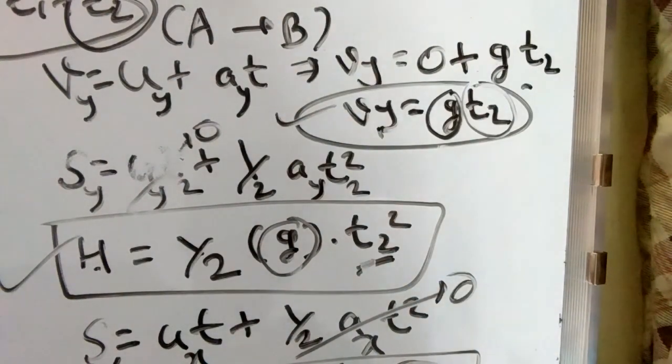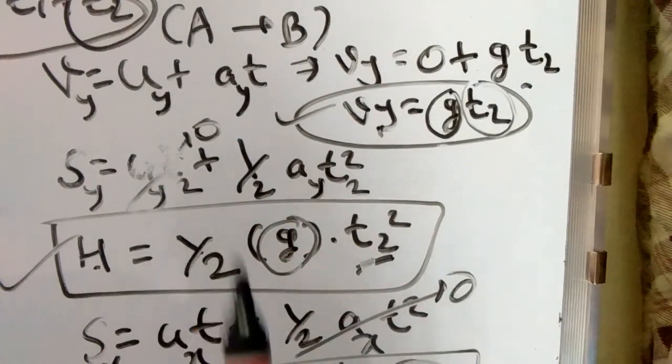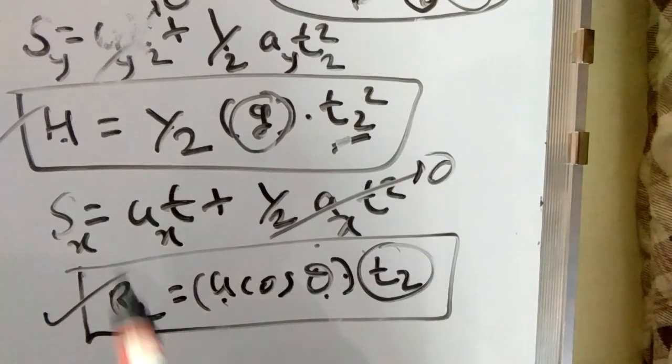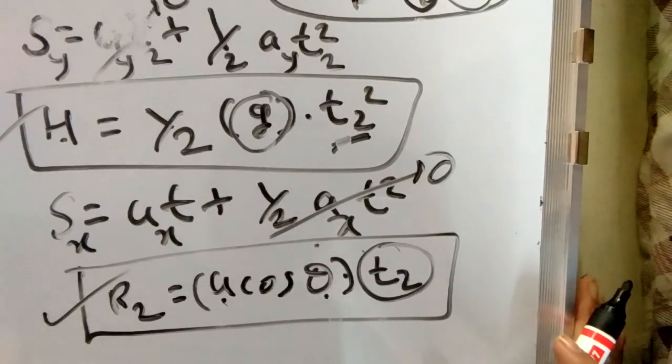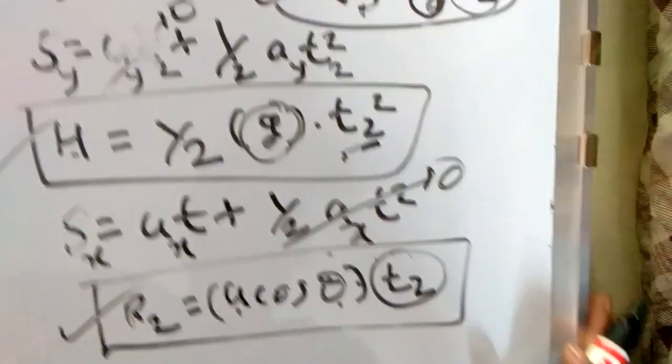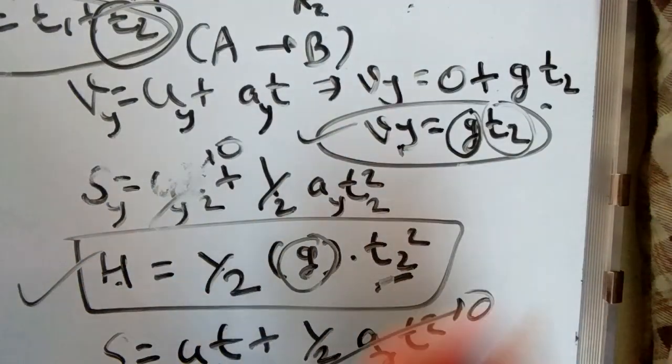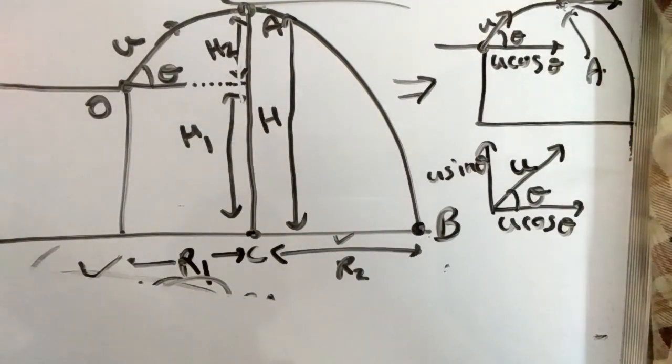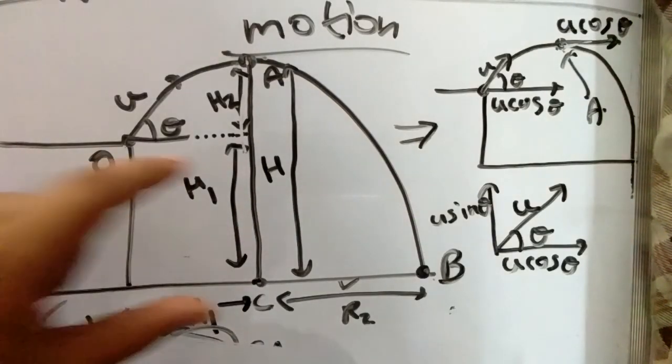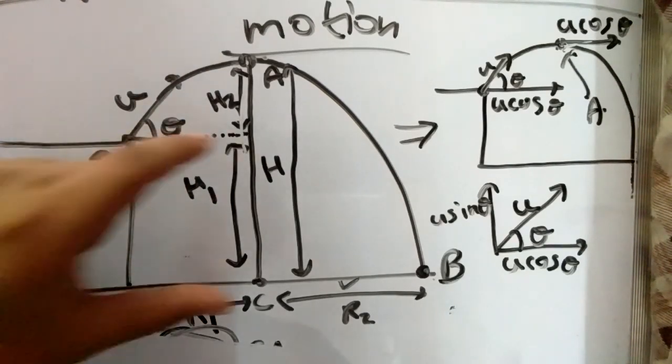Okay, so we got r1, we got r2, and this h. We want to calculate first the height of the cliff. So how to calculate that? First let me rub all this. Okay, so we want to calculate the height of the cliff. From this figure you can see it is h1, right? This is the height of the cliff, this is h1.